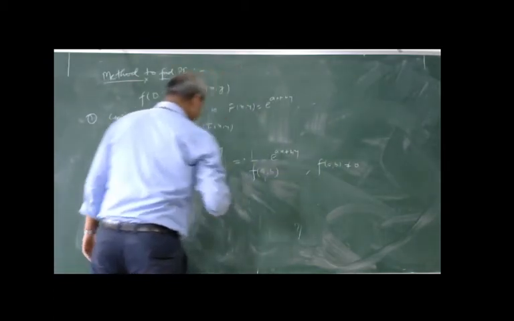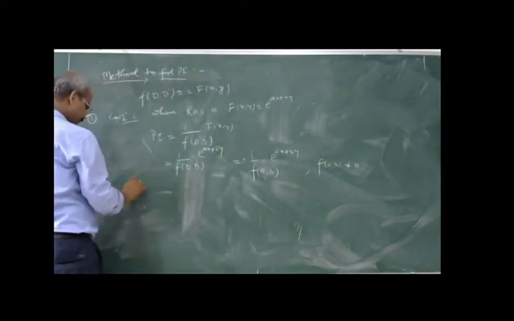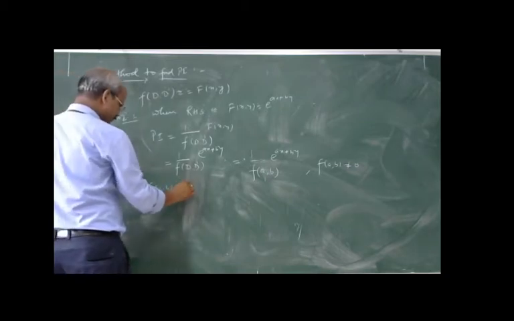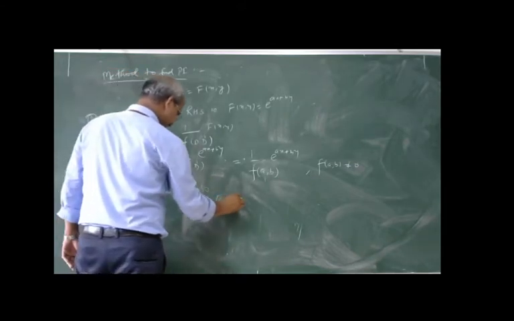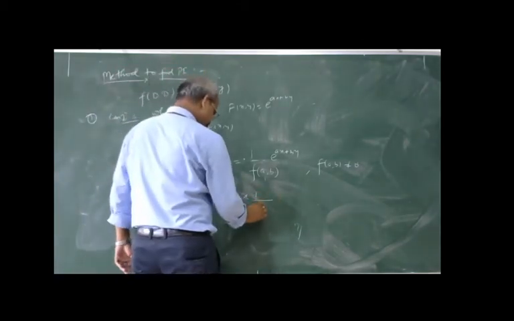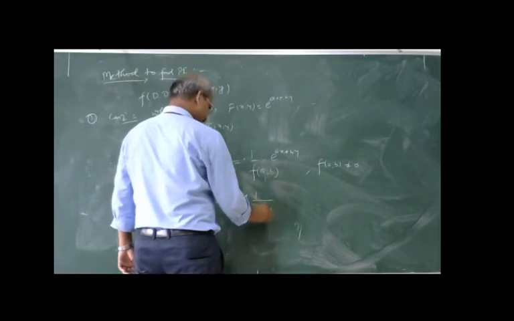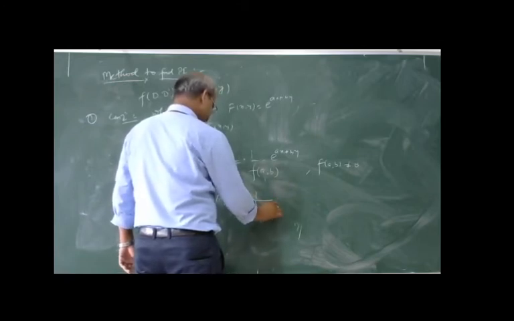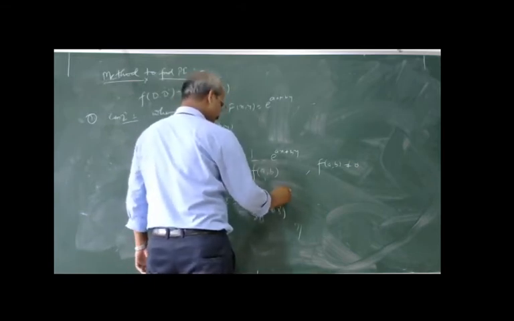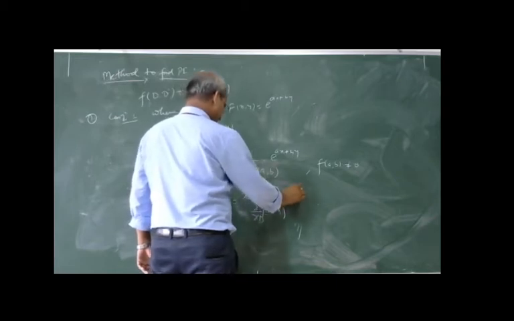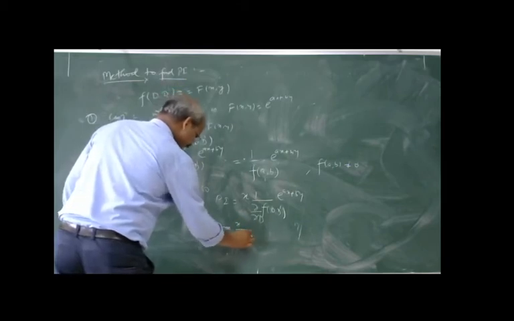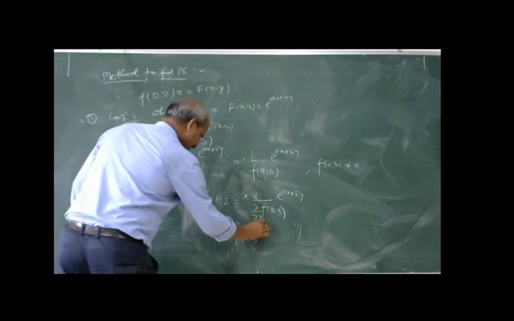If this becomes 0, this is the special case. If f of a b becomes 0, then PI becomes like this: multiply the numerator by x and differentiate the denominator with respect to D, f dash of D, D dash, and after that this value becomes x upon f dash of a b times e to the power ax plus by.